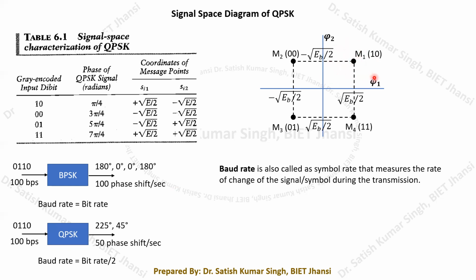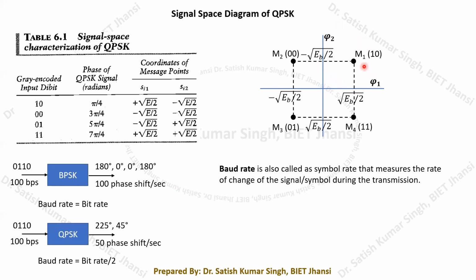Basically, if we say this complete first quadrant is region 1, then any value that comes within this first quadrant, with phi 2(t) as the axis, can be considered as message point 1.